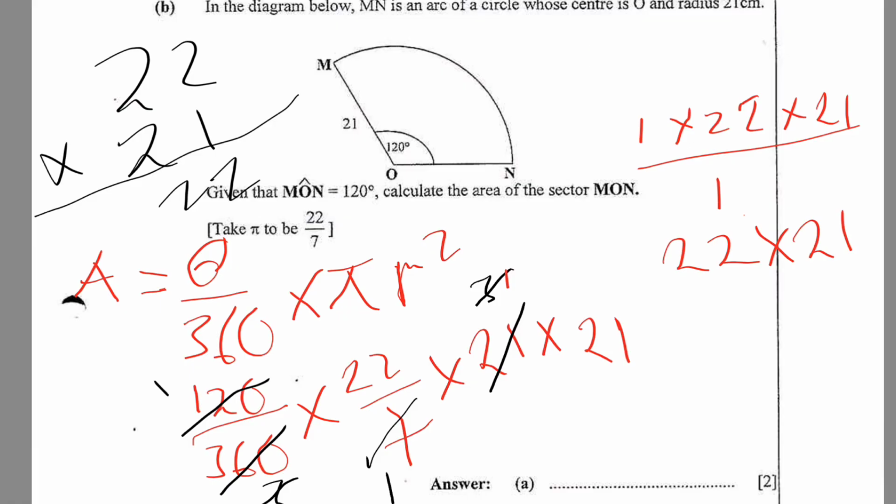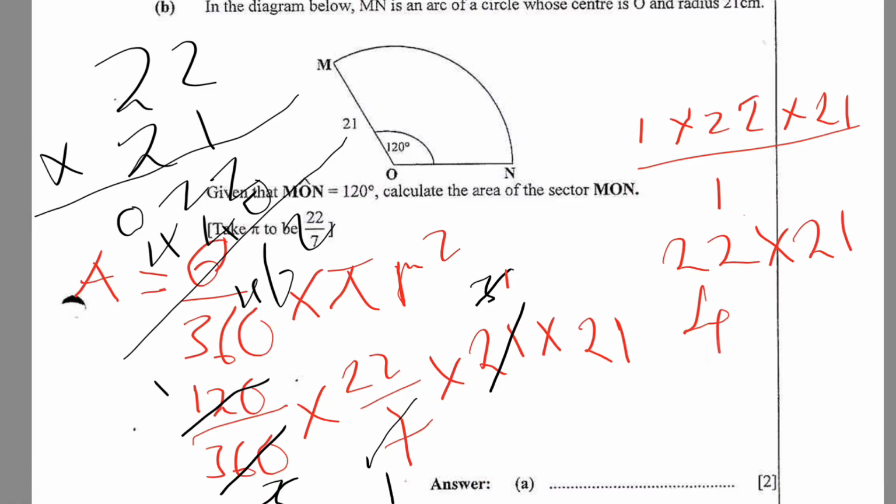You write down 4 here. Then you add: 2 plus 0, 2. 2 plus 4, 6. 0 plus 4 is 4. So the answer for 22 times 21 is 462.